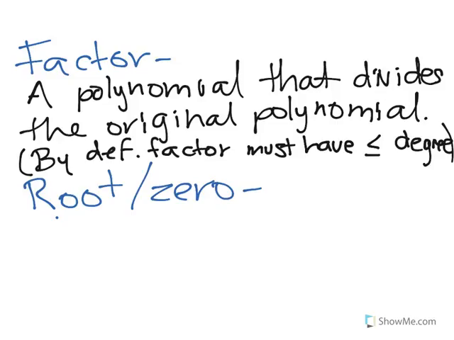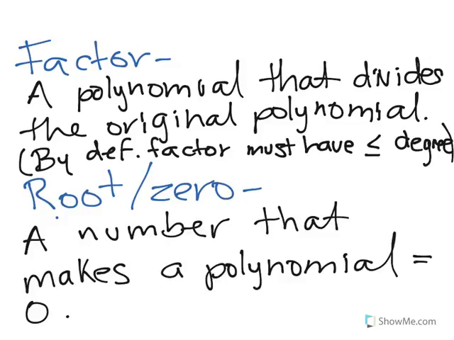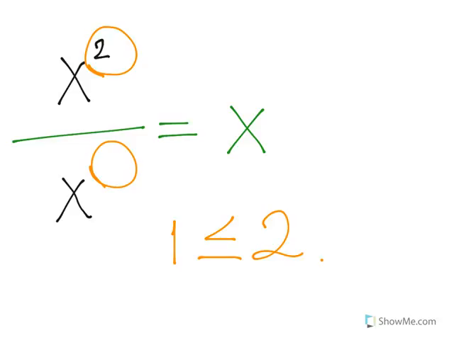Very well. Now our next keyword is root or zero. So the root of a polynomial is a number that makes the polynomial equal to 0. So for instance, here in the x squared example, if you say that x is equal to 0, then x squared is equal to 0.